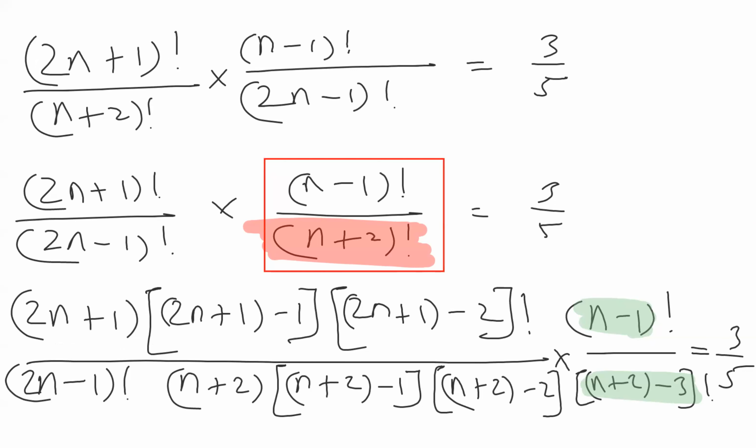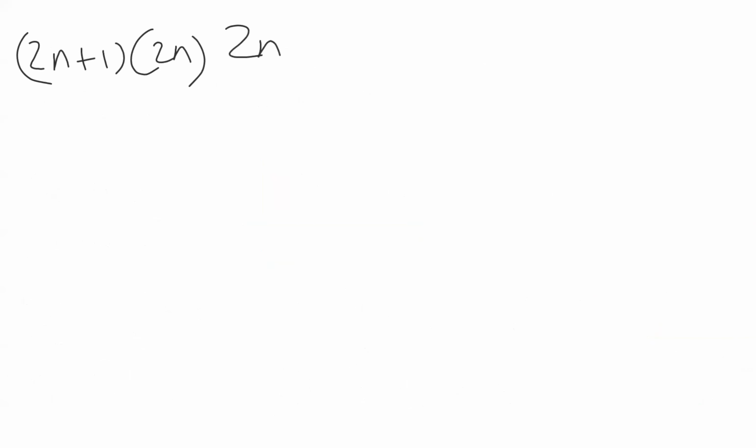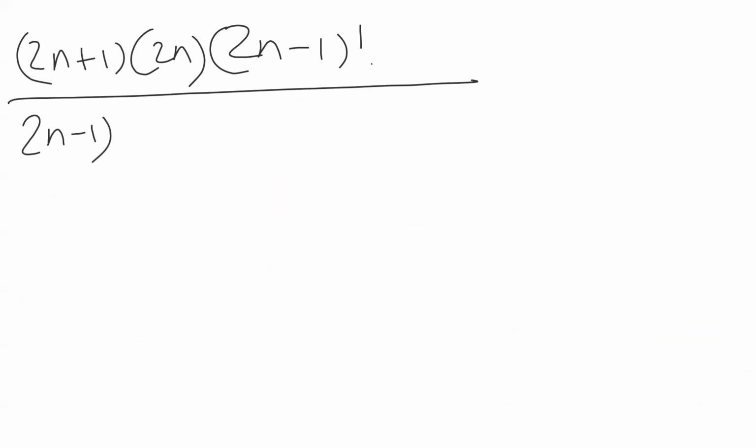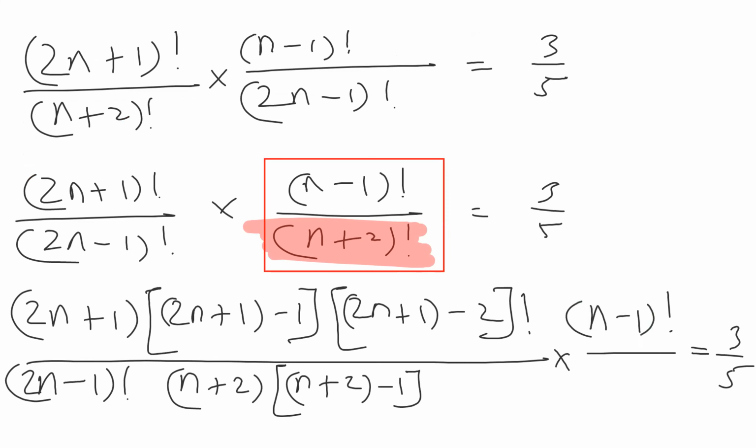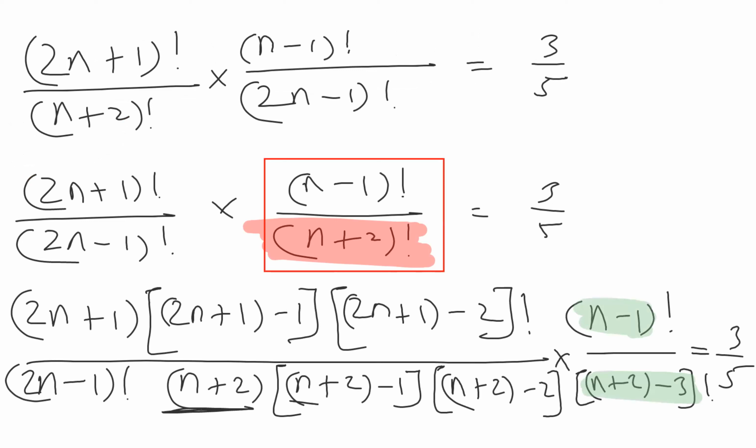And this is 2n minus 1 upon 2n minus 1 factorial, and there is also n minus 1 factorial over here. So this term and this term are getting cancelled. Okay. Then n plus 2, n plus 1, and n minus 1. n plus 2, n plus 1, n minus 1.